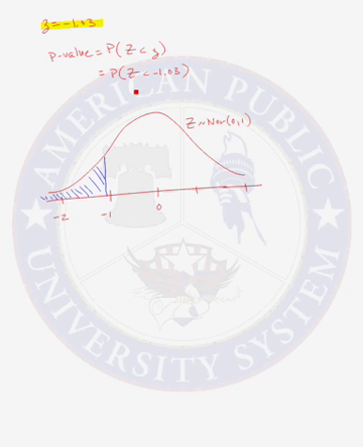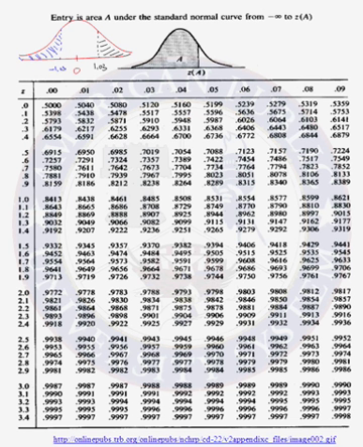We need to either go to a standard normal table to find that probability or use our calculator. Let's first do it looking at our standard normal table. When we go to our standard normal table, we see that we only have positive values for our z-scores, but we can use the symmetry of the normal distribution to help us answer our question.